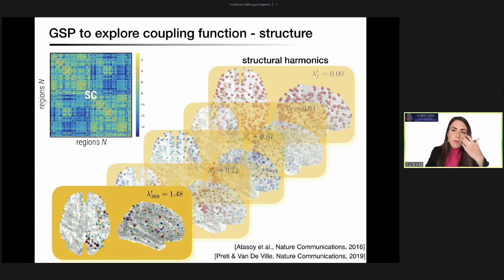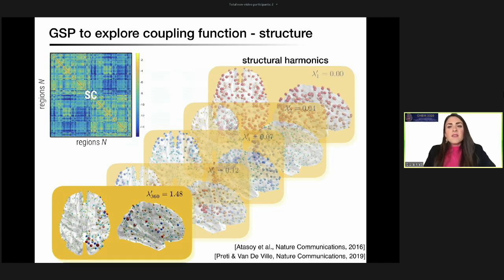Each structural harmonic is characterized by a specific spatial frequency, which is increasing. As you can see, the first one is 0, meaning that we have no spatial variation in the pattern, and then increasing frequency of spatial variations.